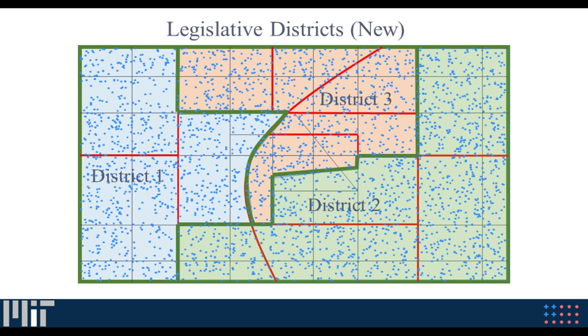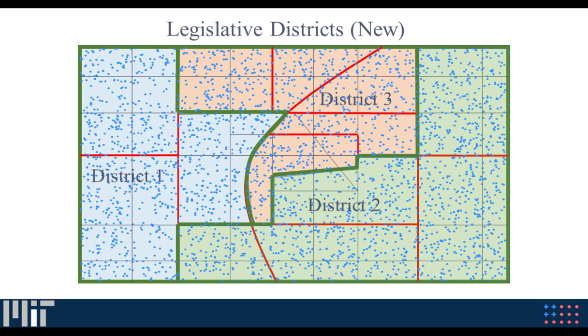But in drawing lines, the thing that we care about, both the redistrictors and the election administrators, are not the lines per se, but rather the people who live within the various geographies that are being drawn. A social scientist would say manipulated, and that's not a bad word in the social sciences, although it's a bad word in the rest of the world usually.